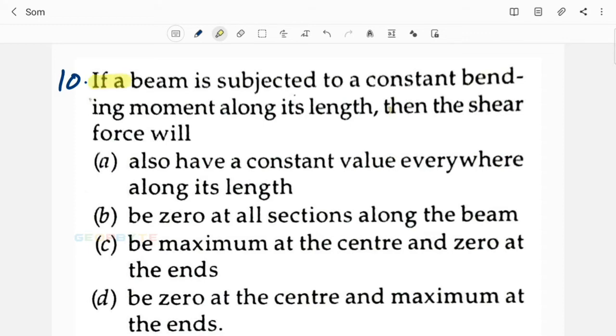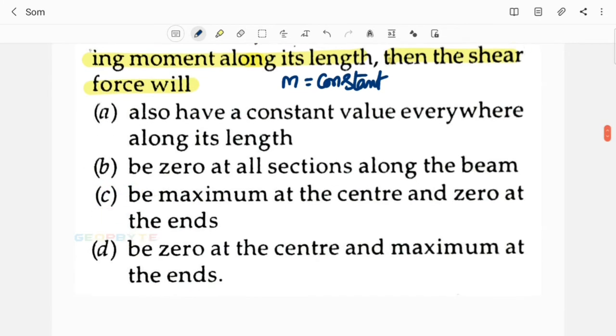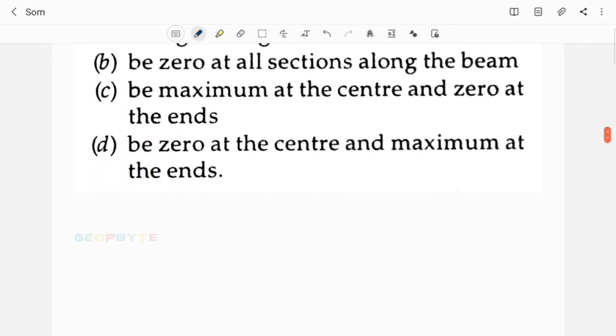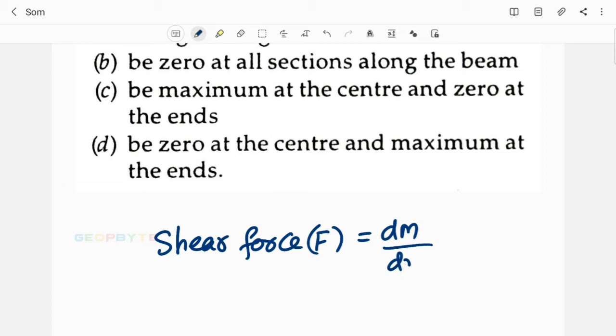Let us read the problem. If a beam is subjected to a constant bending moment along its length, then the shear force will be... It is given that the bending moment M remains constant throughout the length of the beam. You know, the shear force F equals the rate of change of bending moment, dM by dx, where M is the bending moment and x is the distance.